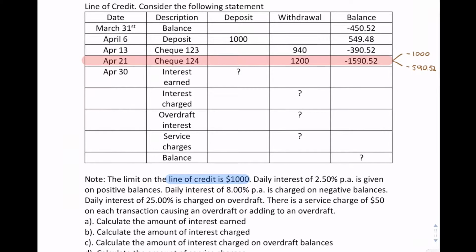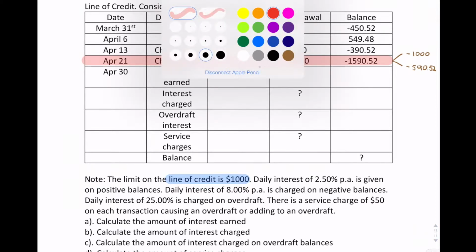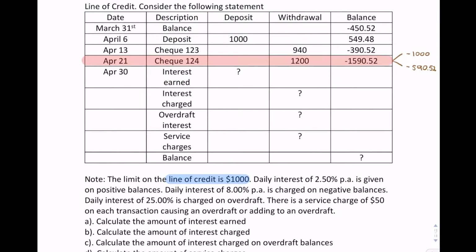The daily interest is 2.5%, and that's on positive balances. We only had positive balances in this statement once, which was right here.